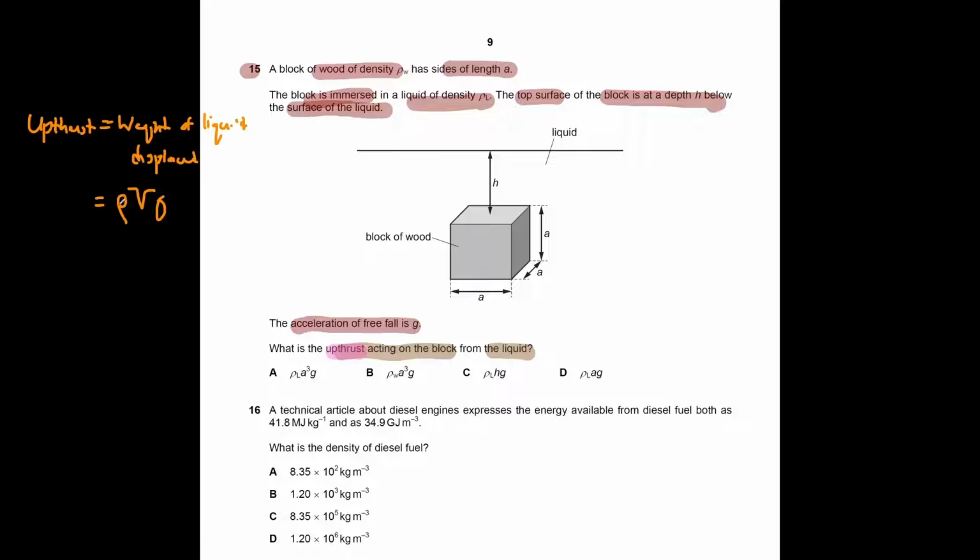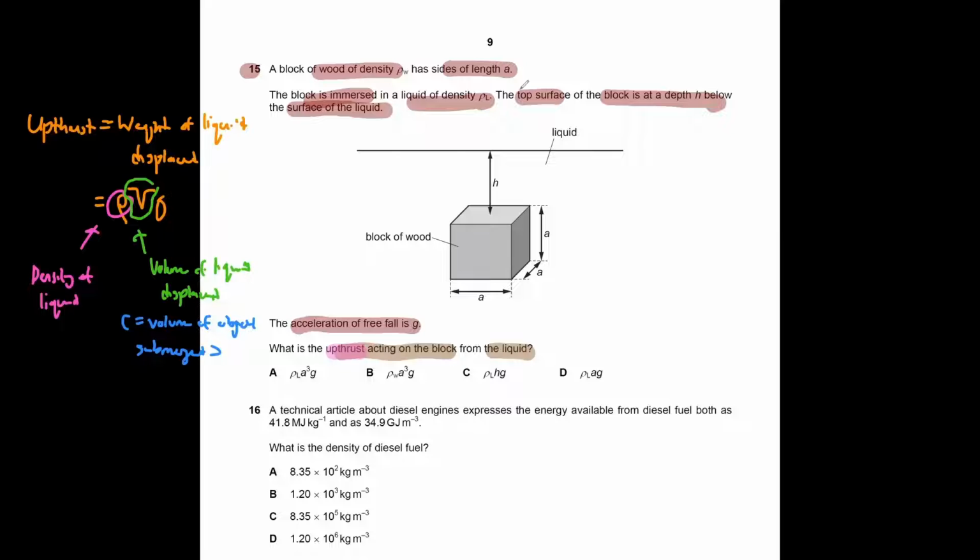Certain things to note is that this rho is the density of liquid, whereas this V here is the volume of liquid displaced, but it's also equal to volume of object submerged. The V here is volume of liquid displaced, but it's also the same as the volume of the object that has been submerged inside the liquid here.